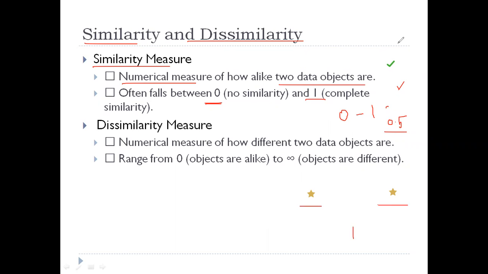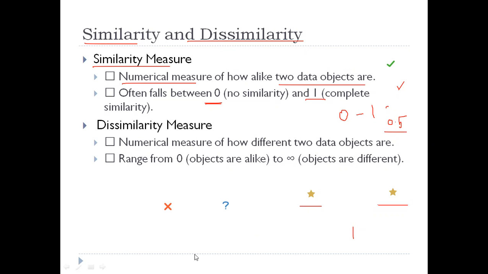Suppose I take one more example. This is one data point and this is another data point. These two are dissimilar. This is a cross mark, this is a question mark, this is in red color, this is in blue color, and this one is one size while the other is another size.